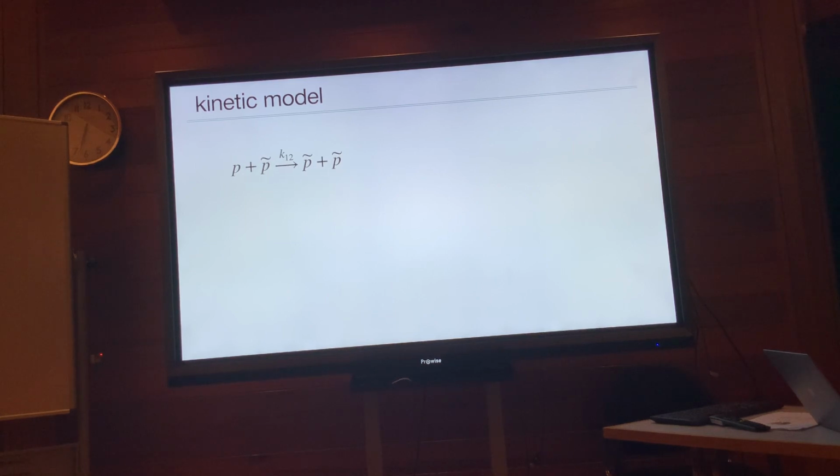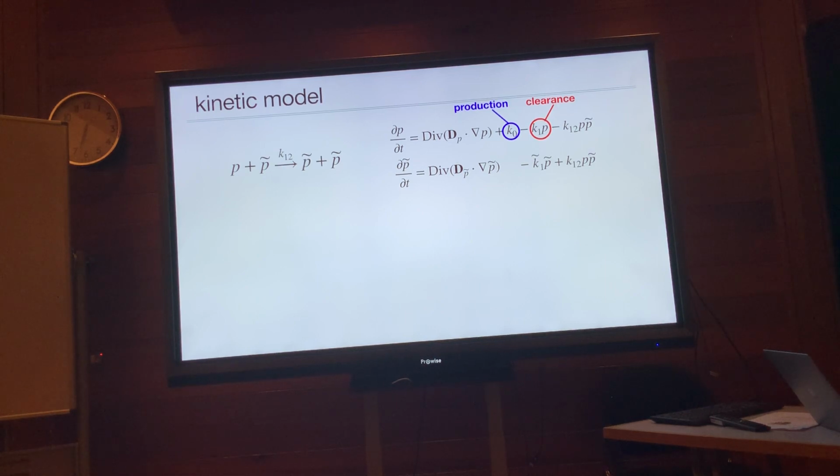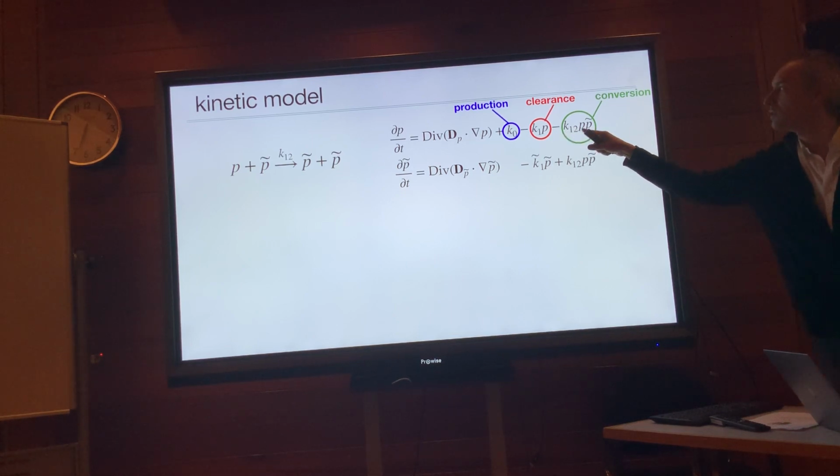So the way you transform a chemical equation into a mathematical equation is that you look at the rates of concentration, and you say that the rate of concentration has a part that's normal production, so that's normal tau being produced by the brain. It has a normal clearance rate, they produce and they remove at all times, so that's normal business. If it was just that, that would be healthy. But when P meets P tilde, it's converted.